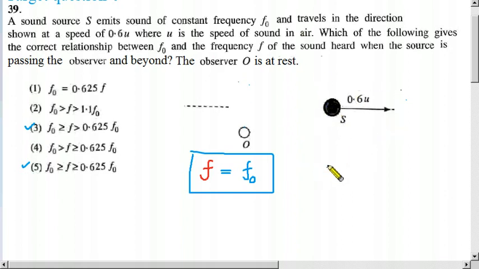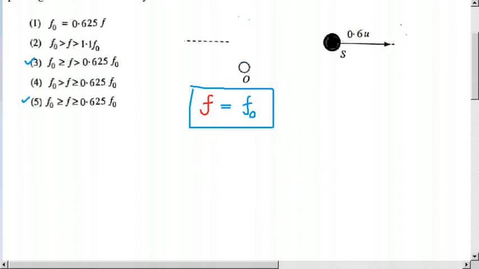If it is moving away, the frequency heard is less than the real frequency. When they are moving away from each other, whether the source or the observer, the frequency must decrease from the real frequency. So therefore smaller.